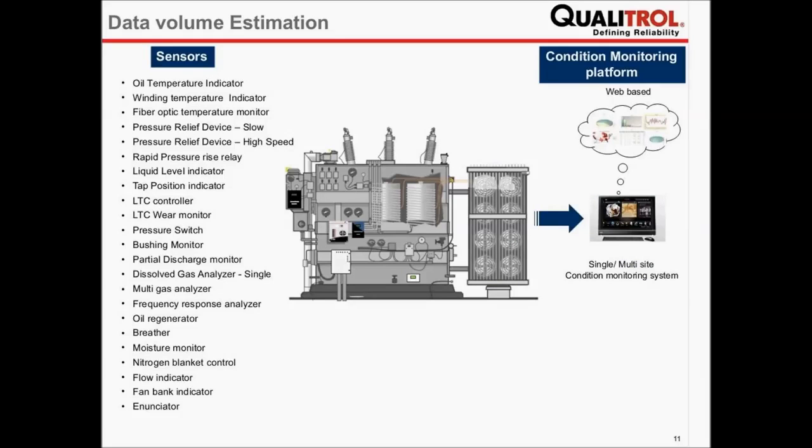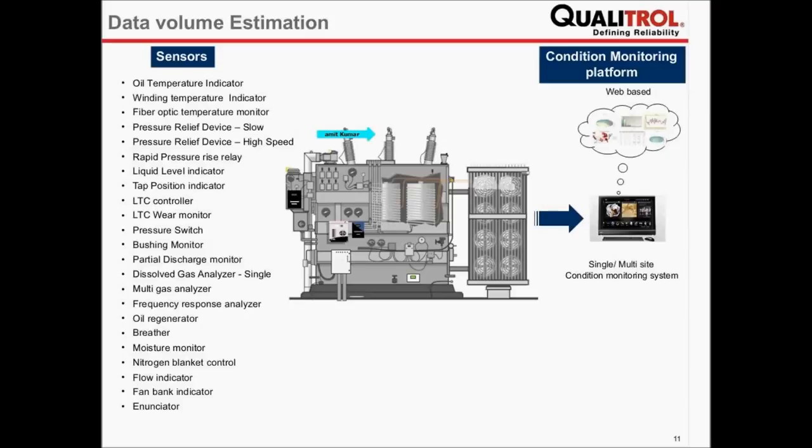Just to give you an idea about the volume of data that would be expected from the transformer: you have this many sensors to be placed on the transformer. Some of the sensors you expect data from at every 20 milliseconds.